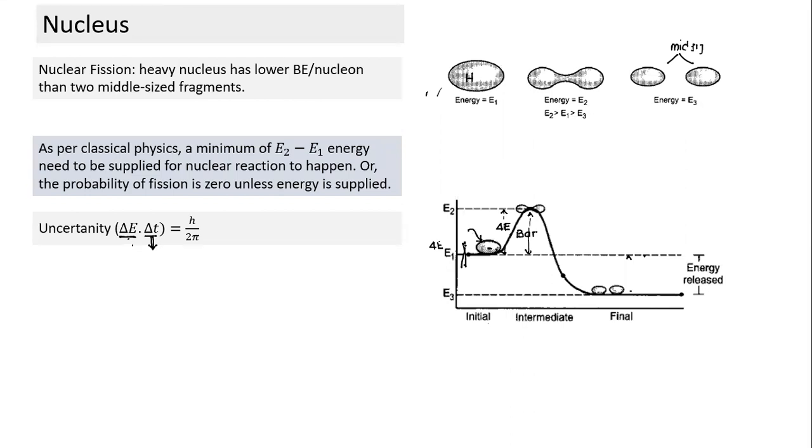It may have extra energy for an extremely brief period of time. So for an even smaller period, a higher energy level can occur. So basically the whole thing becomes a probability.